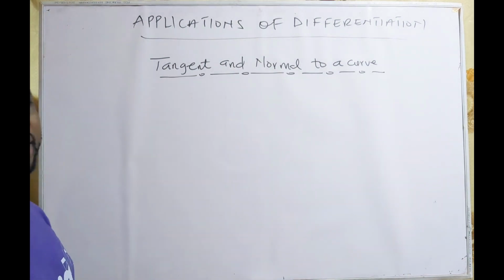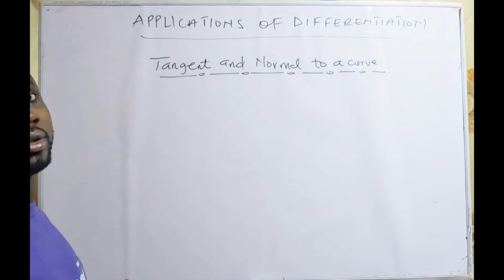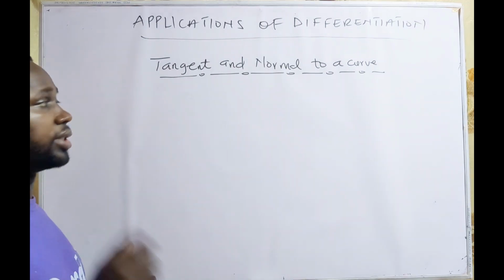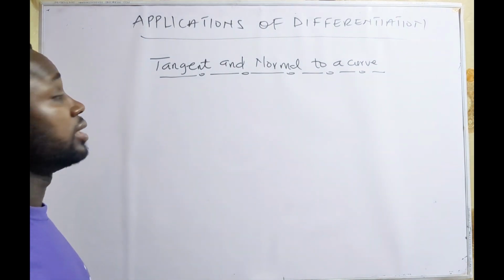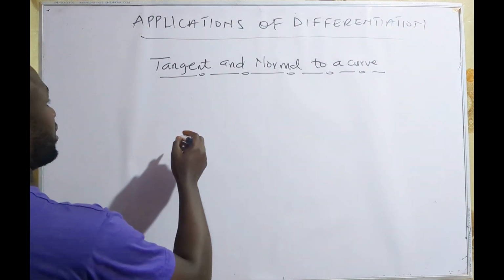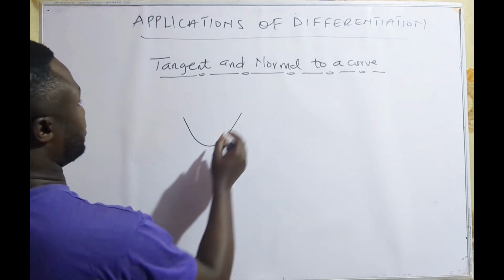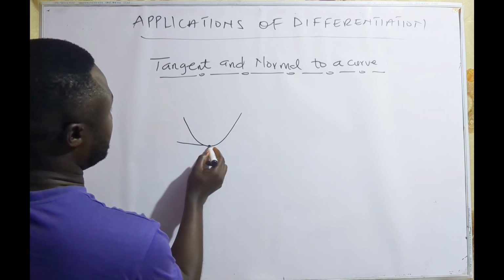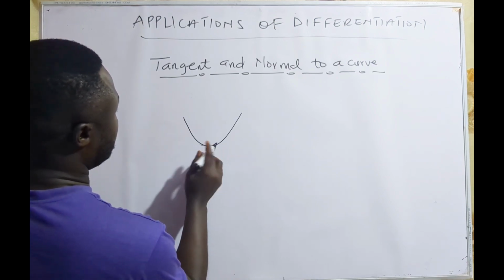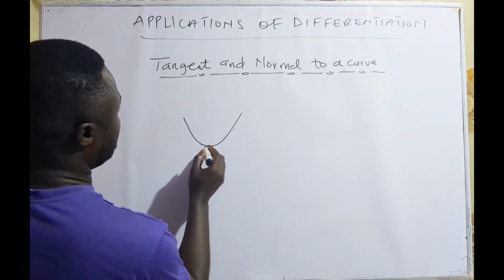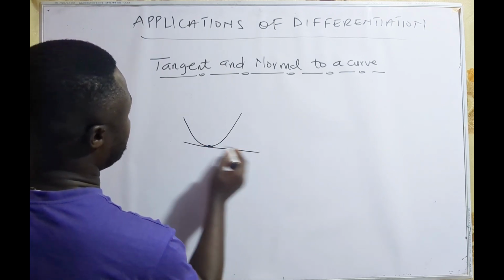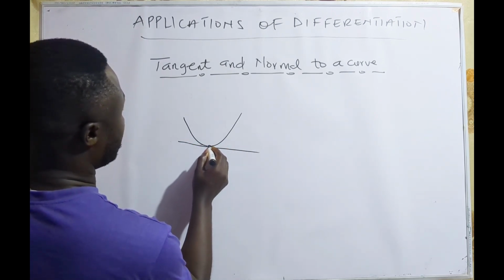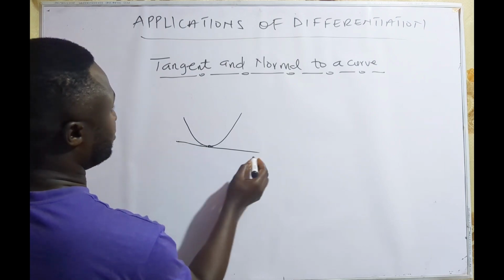A tangent is a straight line that touches either a circle or a curve at what? At a point, as we already know. So if I have a curve, and let's say that I have a straight line which is touching the curve at a point.